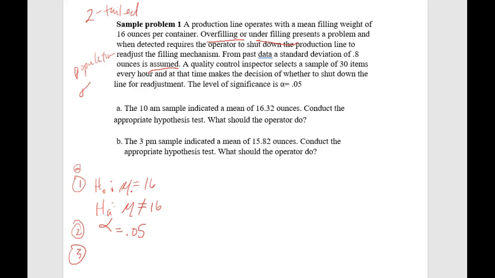So going back here, what are the differences? For the z-test, just like in confidence intervals, we assume we know a population standard deviation. For the t-test, we don't know a population standard deviation. So what do we do in this problem? From past data, a standard deviation of 0.8 ounces is assumed. We assume a population standard deviation, so this tells us that we're going to be using the z-test.